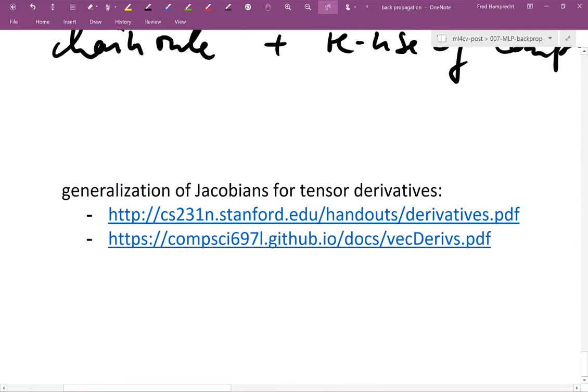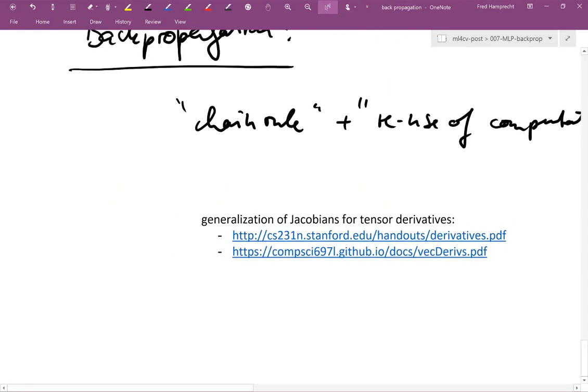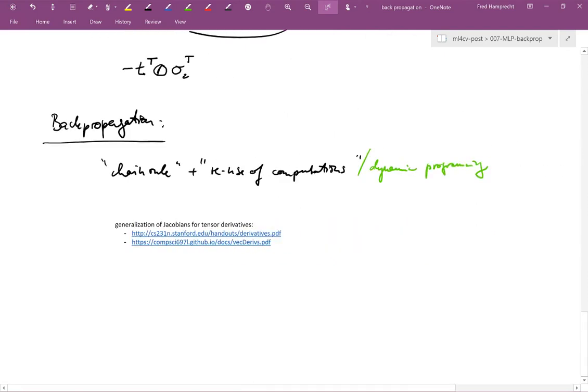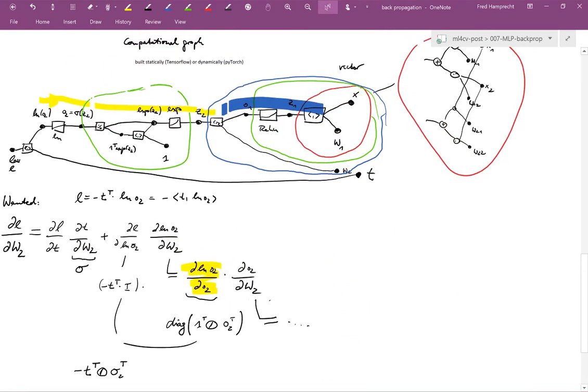The first one is from the excellent Stanford course on neural networks, and the other one is by Erik Learned-Miller, and both walk you through all the stages from applying the chain rule on purely scalar nested functions, all the way to tensors, so matrices with more than 2 indices. Good. Questions?